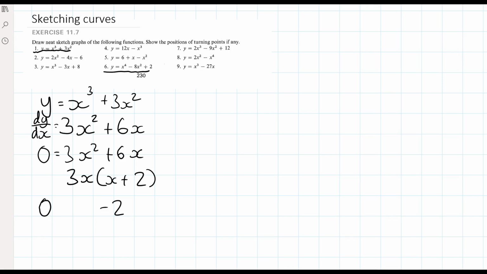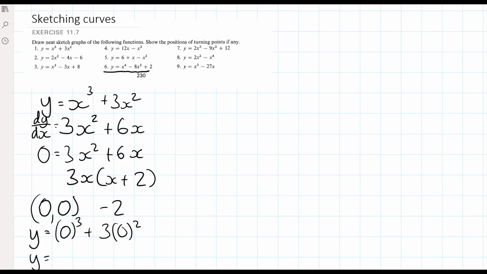And the other is minus 2. Okay, so to make these points and not just x values, I need to sub them into my original equation. So when x equals 0, y equals 0 to the power of 3 plus 3 lots of 0 to the power of 2, my y value is 0, the point 0, 0.